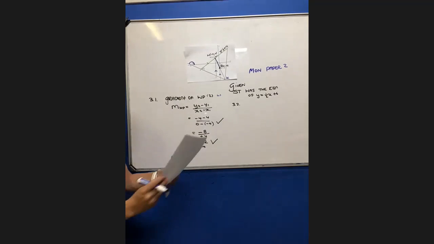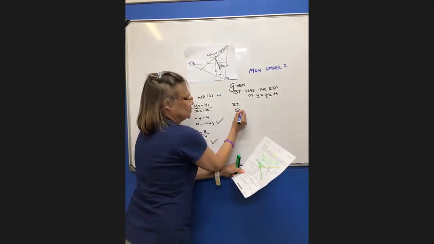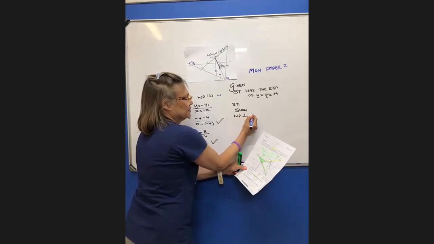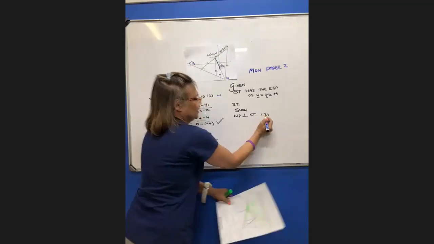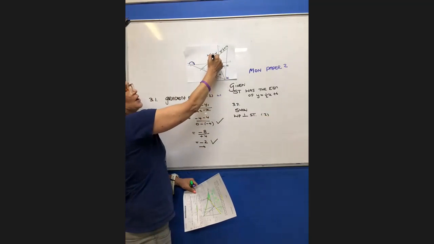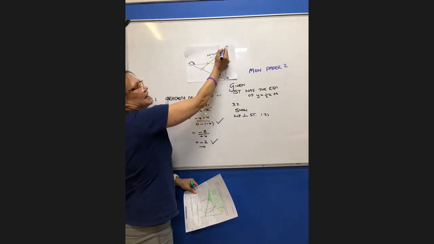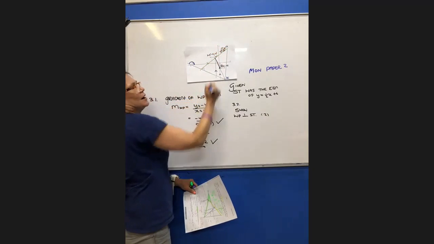Now, for the next question, 3.2, they then said for 2 marks. Now, 2 marks is not a lot. Show that WP is perpendicular to ST. Now, we've just got the gradient of WP, and if you look at ST, they gave us the equation.